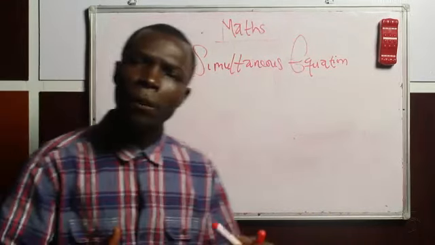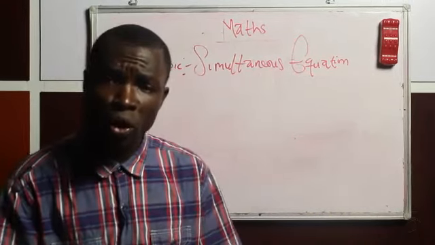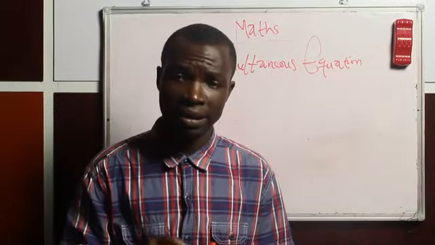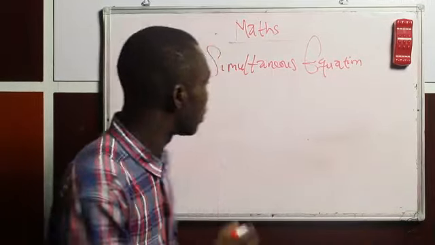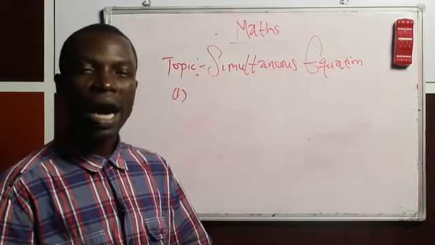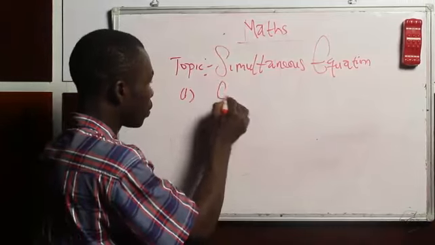There are three methods to solve simultaneous linear equations. These methods are: one, the elimination method.